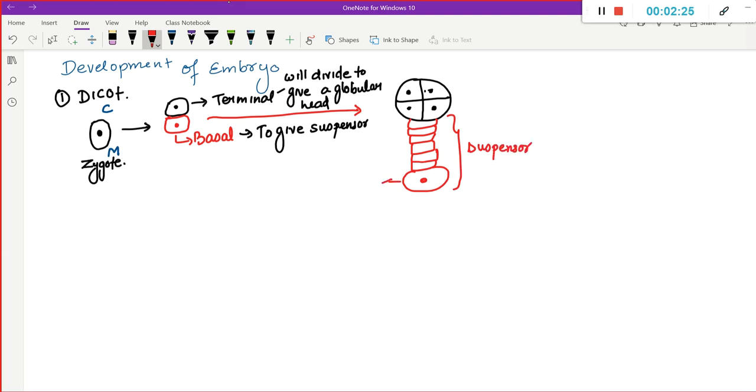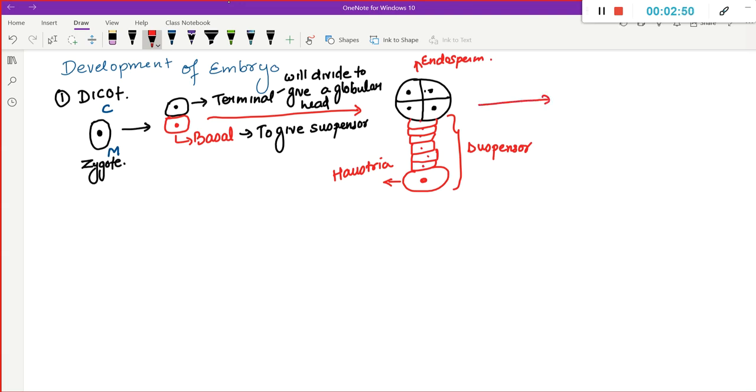If we are talking about the last cell which is here, it is called haustorium. The reason it is called haustorium, because it push this particular globular head into the endosperm region. Okay, it will push it into endosperm region, because of which this particular globular head will get the nutrition to survive. Okay, so initially we get a 4 cell globular head.